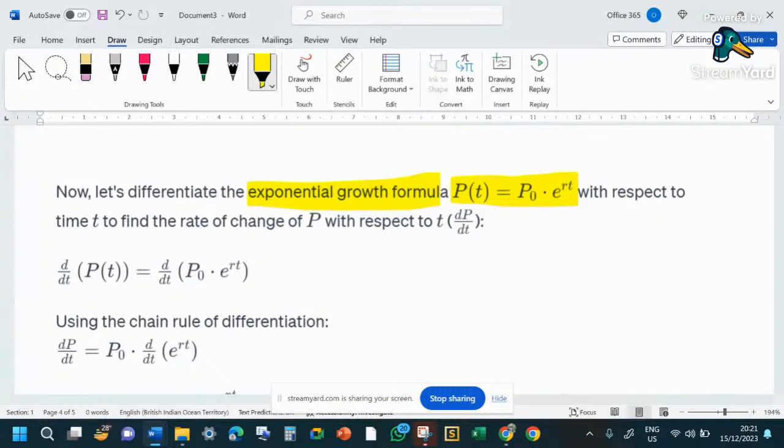With respect to time, to find the rate of change of P with respect to t, or dP over dt, we're going to differentiate our formula. So differentiate P of t and then differentiate as well the one at the right side.